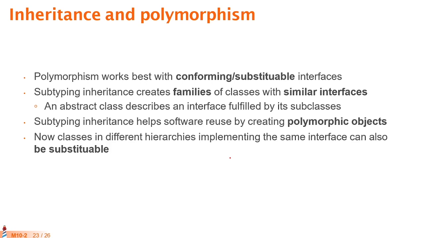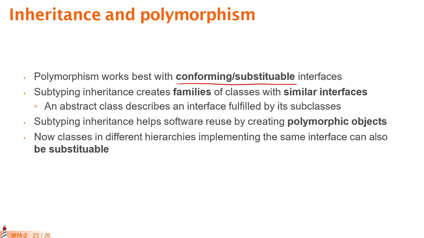When we have inheritance and polymorphism, we have to be sure that when we have two objects that we want to use in a polymorphic way, we are conforming to interfaces so that we can substitute one for the other.